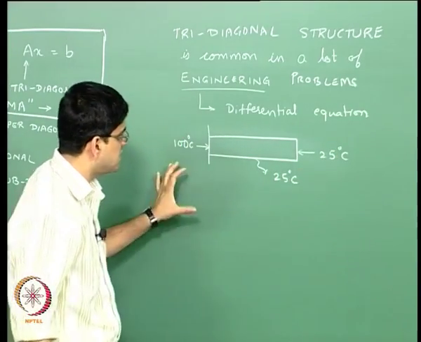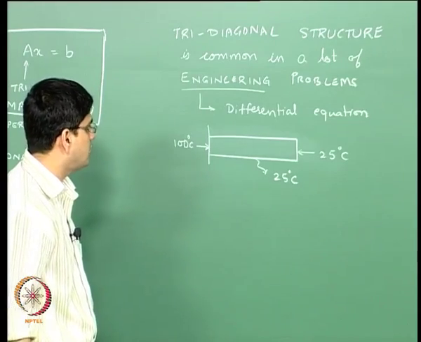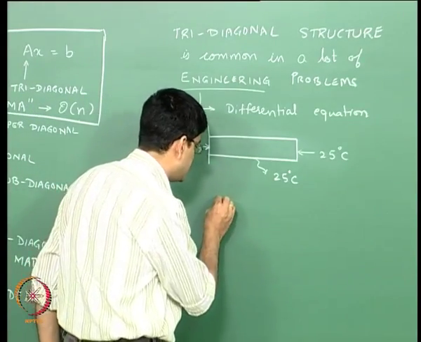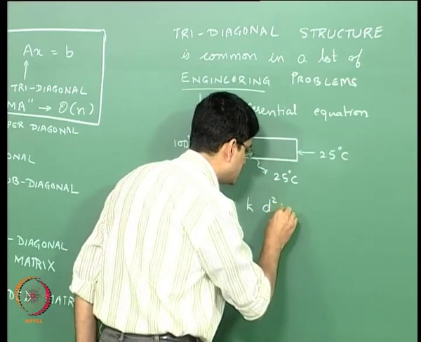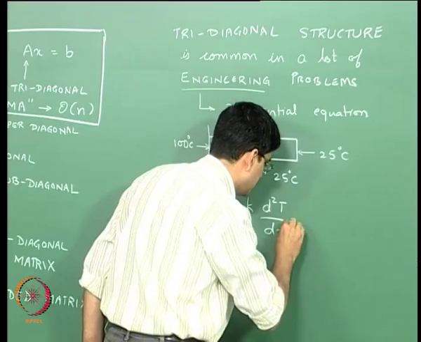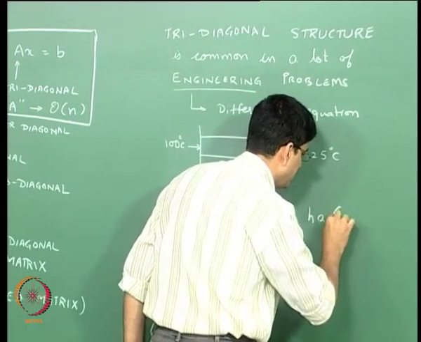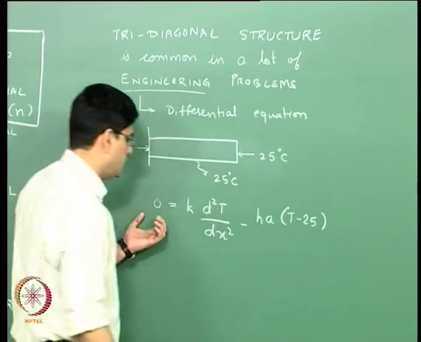Now this is a straightforward engineering problem which results in what is known as an ordinary differential equation boundary value problem, and under steady state this equation ends up being 0 equal to k d square T by dx square minus h a multiplied by T minus 25.